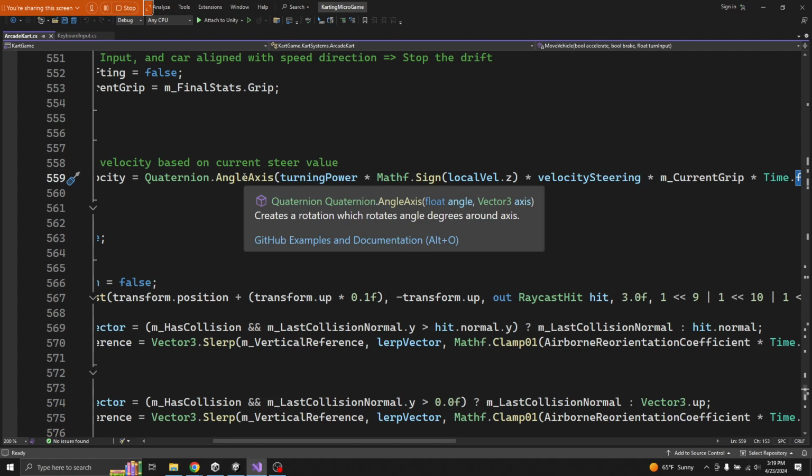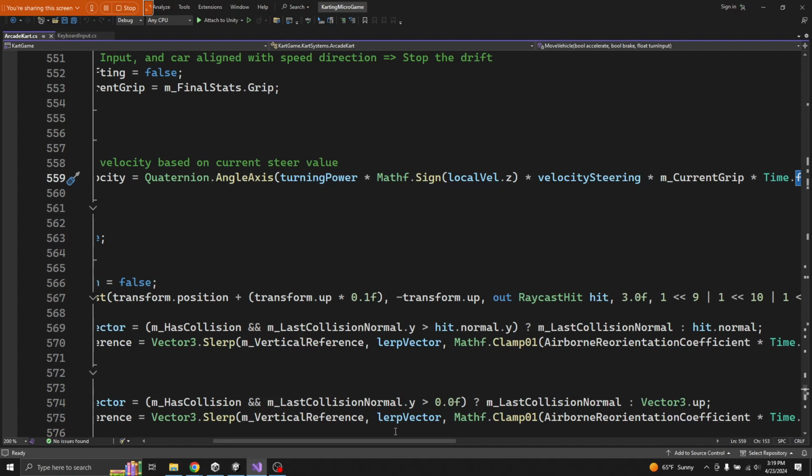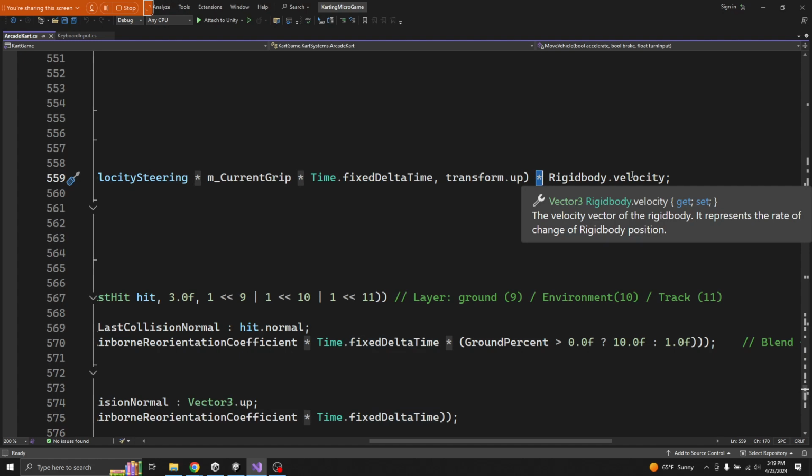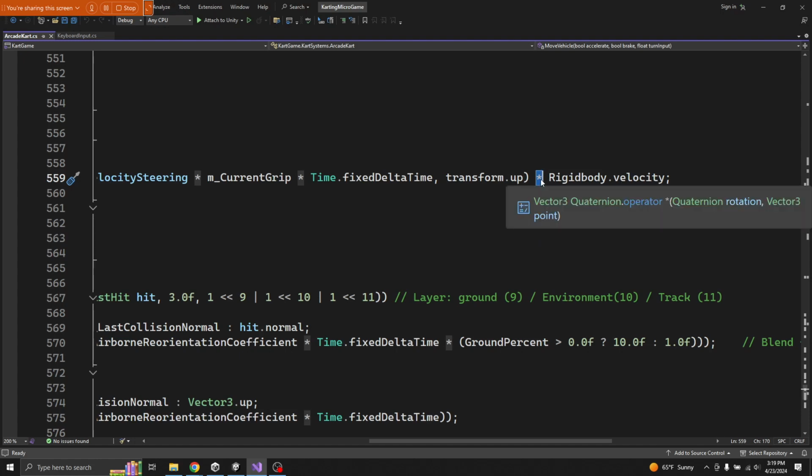Quaternion.AngleAxis returns a quaternion based on a rotation, and then we're using the multiplying operator with a Vector3. So that must already be written: you can multiply quaternion by quaternion or quaternion by a Vector3. So here it is, the quaternion operator. When you multiply a quaternion by a Vector3, you get a Vector3.